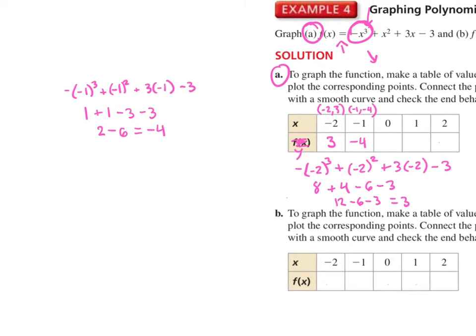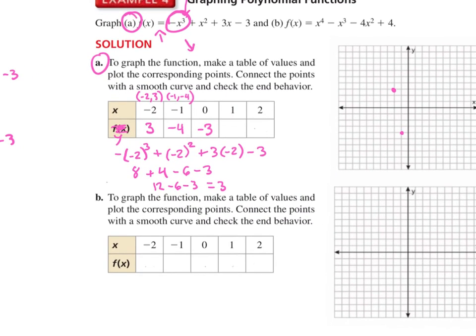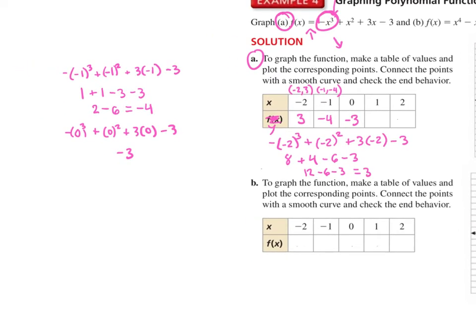Next, we plug in 0. So we have negative 0 cubed plus 0 squared plus 3 times 0 minus 3. This is going to be negative 3. So when we plug in 0, we get negative 3. Next, we can plug in positive 1.